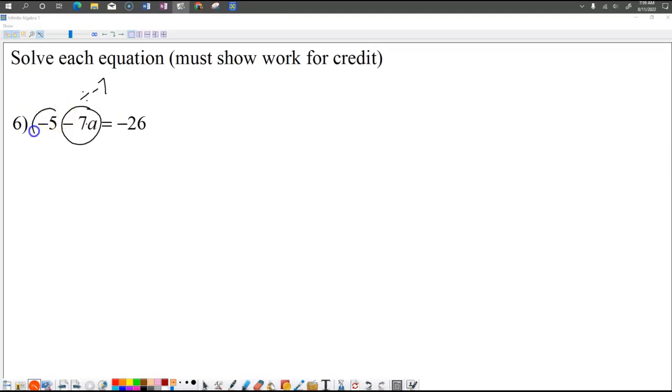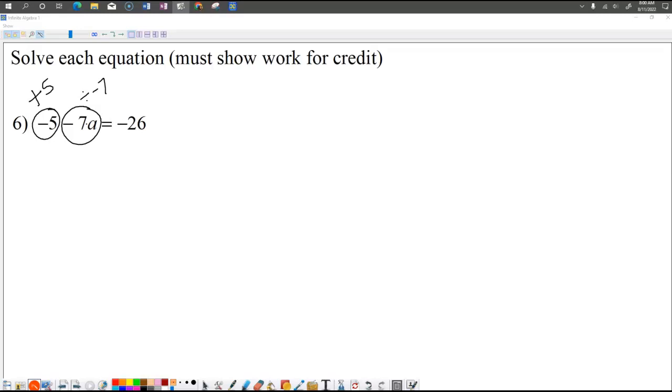Now what's this 5 doing? Well, it's a negative 5. It's not multiplying it, so that means it must be being subtracted from the a. When it's a negative, it's being subtracted. So what we will do to get rid of that is the opposite of subtraction, which is addition. So we will add the 5. Now, which one do we do first? Do we add the 5 first and then divide by negative 7, or do we divide by negative 7 and then add the 5?